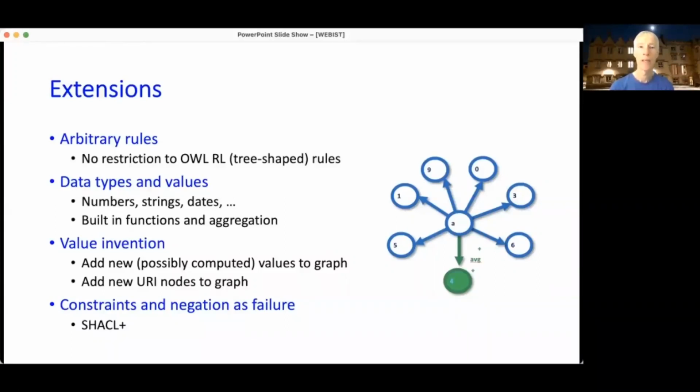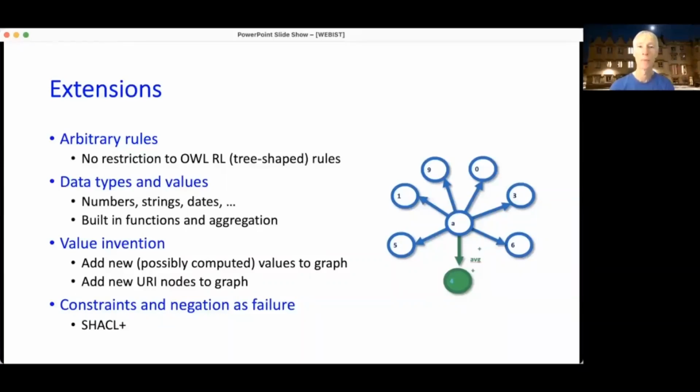As I already mentioned, OWL-RL and vanilla datalog don't allow for adding new nodes to the graph. However, it's often very convenient to use rules to compute new values and store them in the graph. For example, in a recipe application, we might want to use rules to add a calorie value to each recipe by summing the calories of the ingredients.